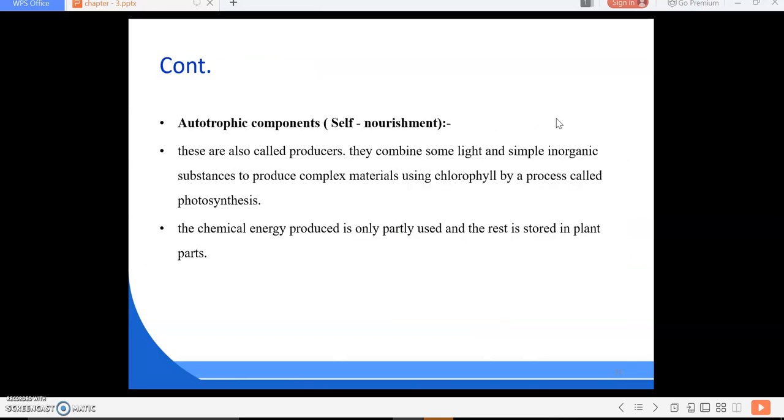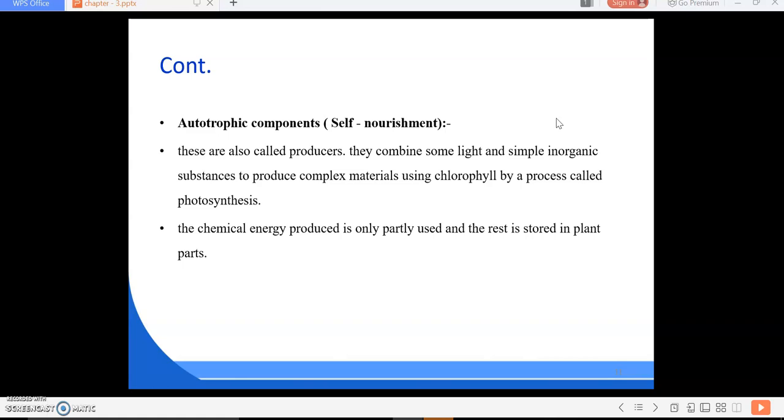Next we are going to study the autotrophic components. What do we mean by that? This means self nourishment. These are also called producers because they produce food.